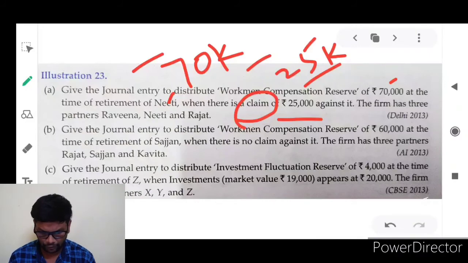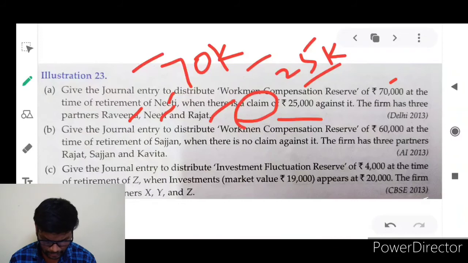The firm has three partners: Ravina, Niti, and Rajat. They share profit and loss equally, because no profit and loss sharing ratio is given.